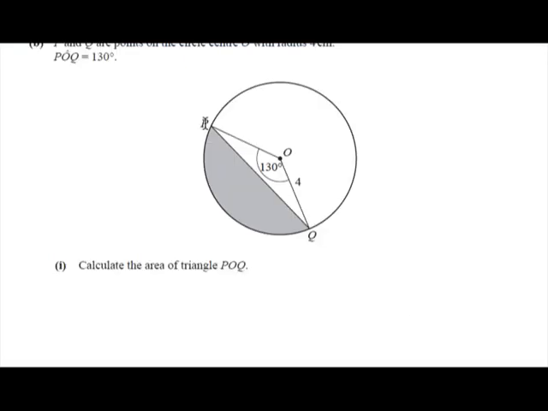The next thing we need to do is calculate the area of this sector, sector PQ. So area of a sector, you still remember it, guys, theta over 360 times pi r squared. We know the area of a circle is pi r squared.